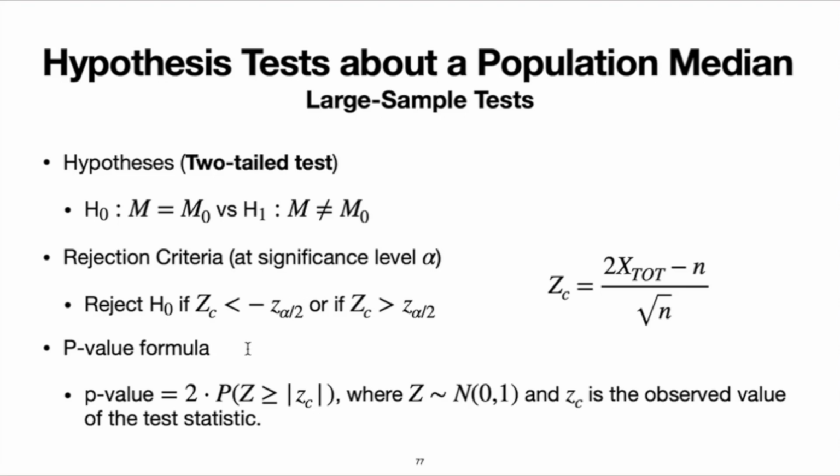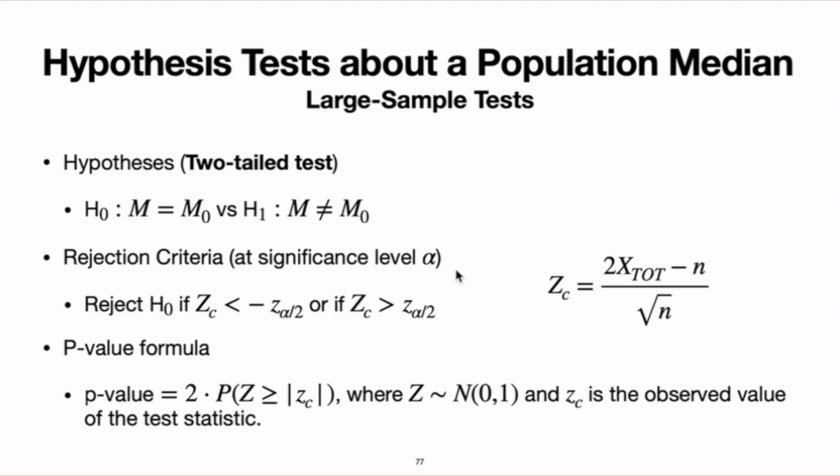This should look very, very familiar to you because this is the same kind of rejection criteria that we've used whenever we're using a standard normal distribution as the reference distribution. We're going to reject the null hypothesis if Z_calc is less than negative z_(alpha/2), or if Z_calc is greater than positive z_(alpha/2). Now, what is alpha?